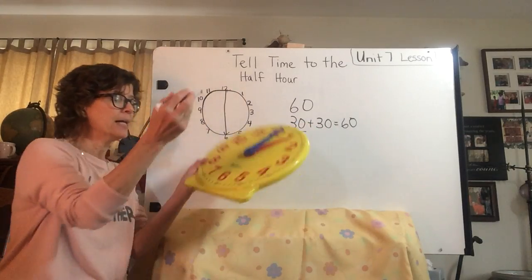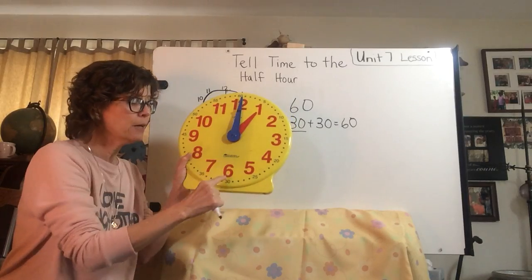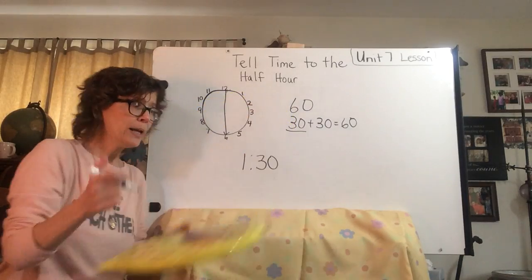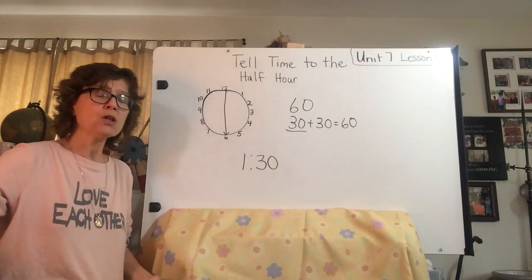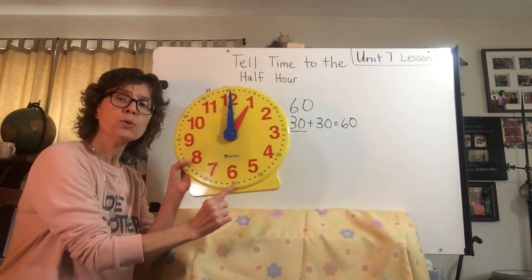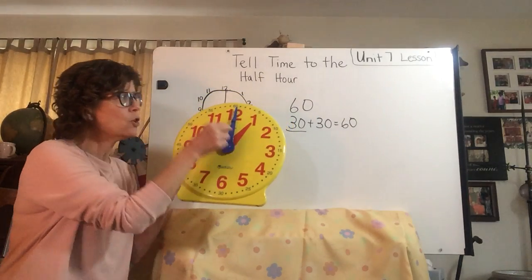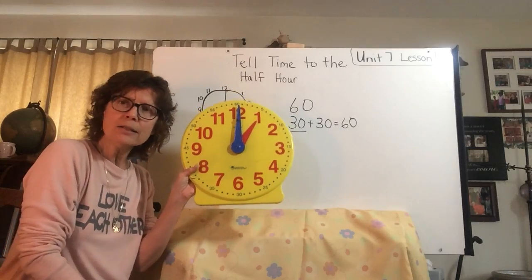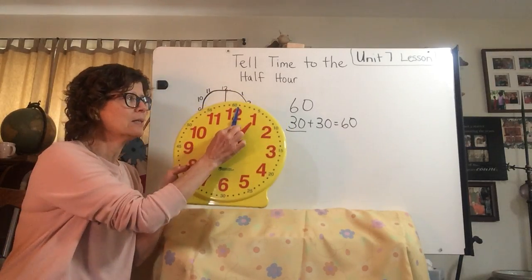So half of it would be at the bottom, just like half of 12 is 6. So when I'm talking about half past a number, it's always going to point to the 6 or the 30 if you're counting by fives. And I'll show you. Here's 1 o'clock. The easiest way to practice half past time is always start at the o'clock time.